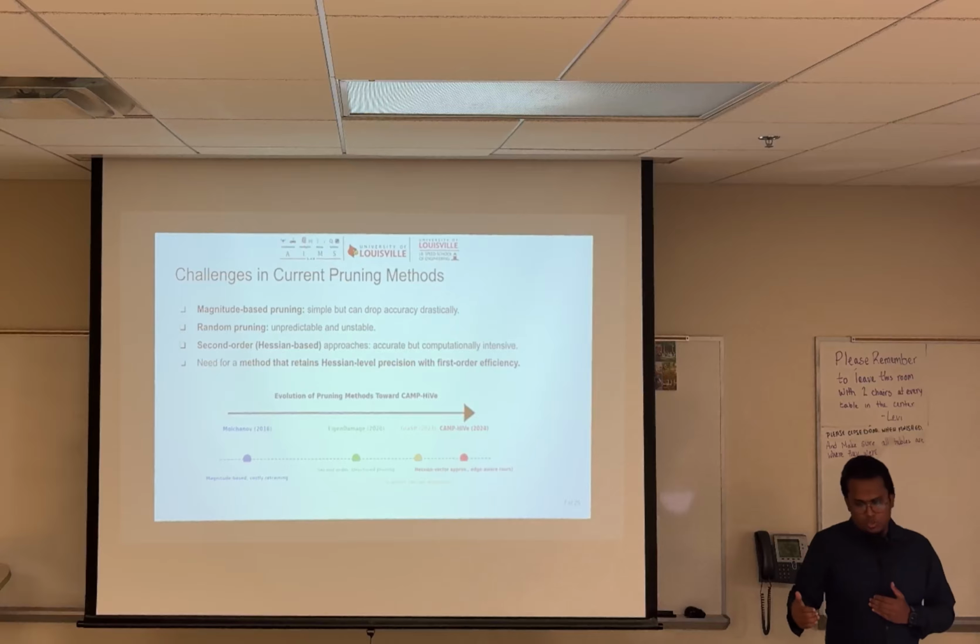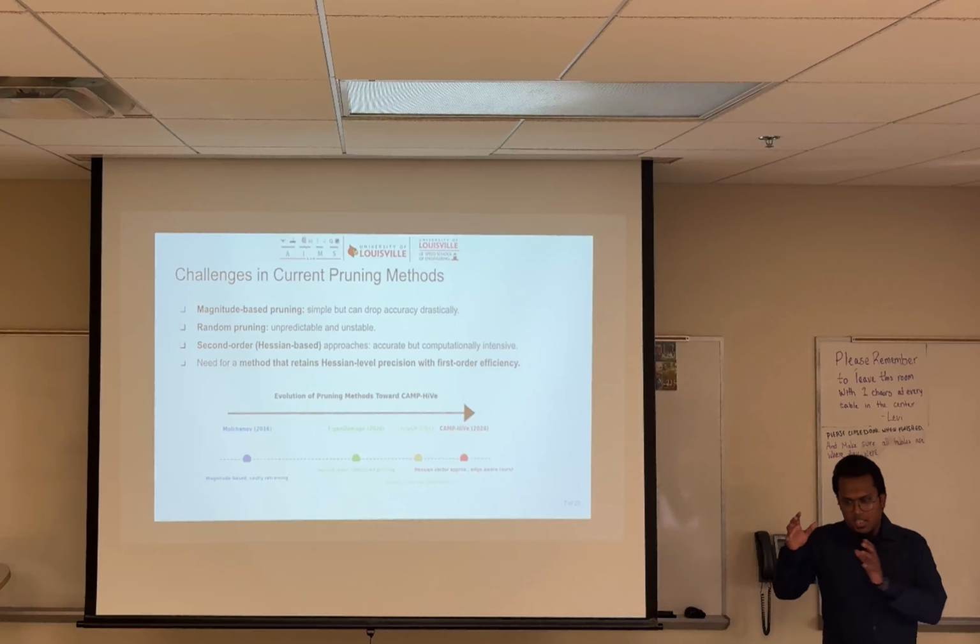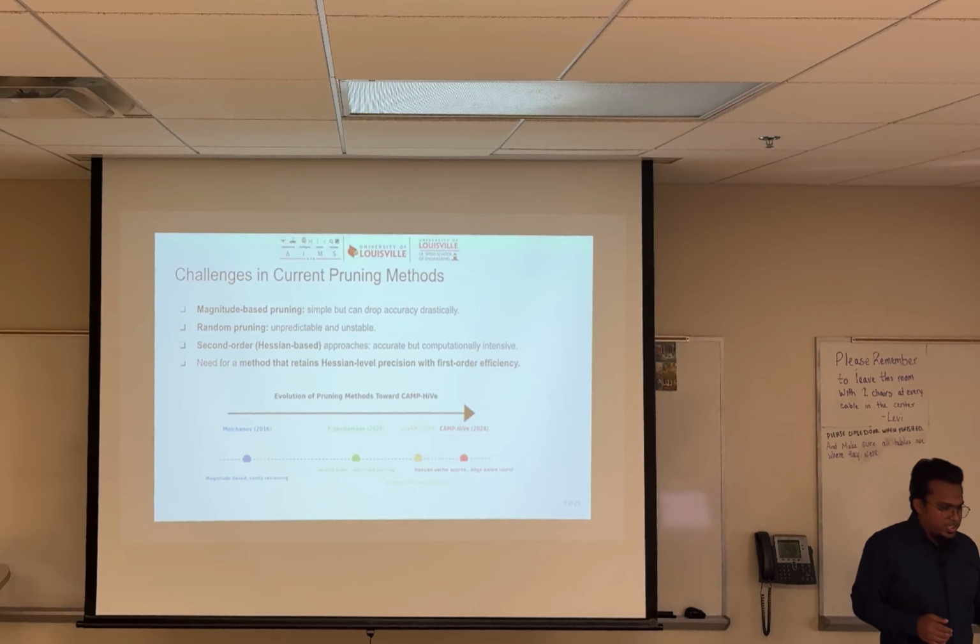If you want to keep 70% of the weights and remove 30%, you sort all your weights and remove the 30% smallest weights from the bottom. You keep the 70%. That's how magnitude-based pruning works.